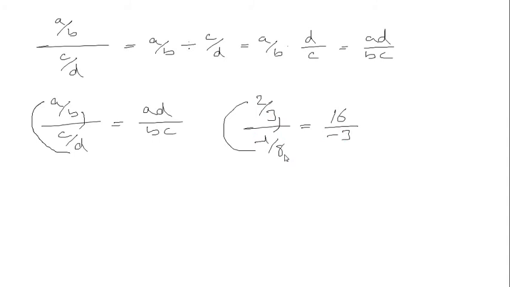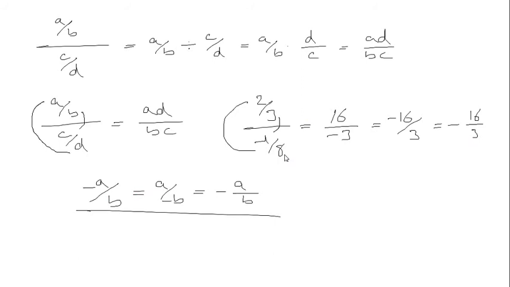So the answer is 16 over negative 3, which can also be expressed as negative 16 over 3. All these are the same numbers. Generally, if you have a negative, for example, negative a over b, it's the same as a over negative b, it's the same as negative a over b. So all these are equal rational numbers.